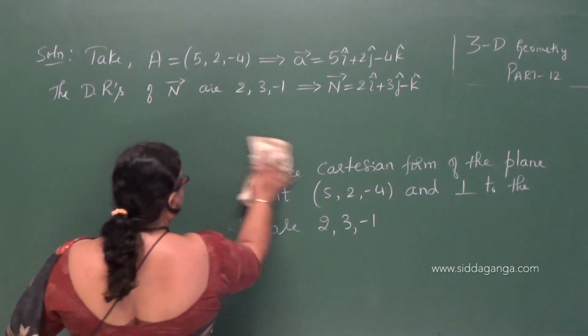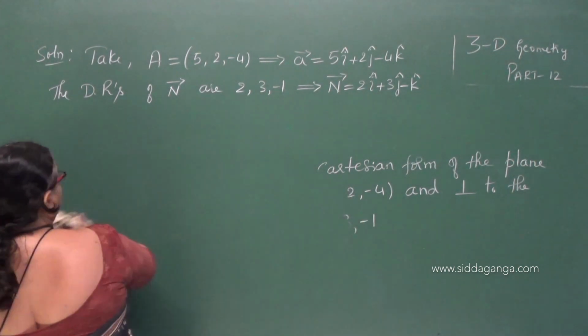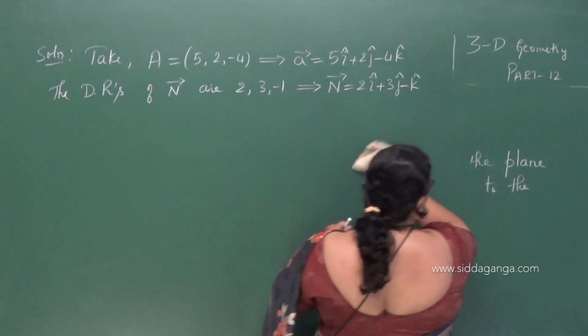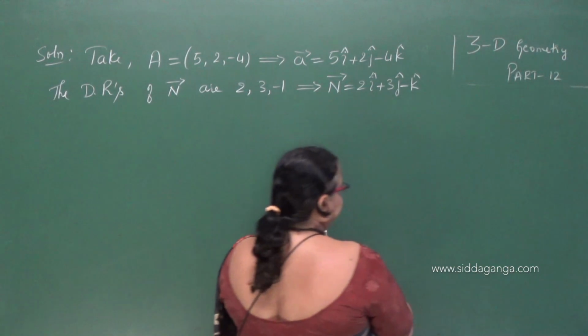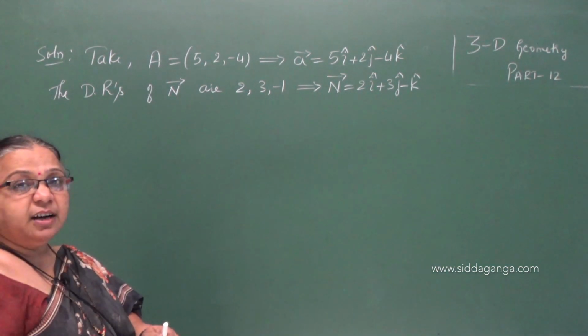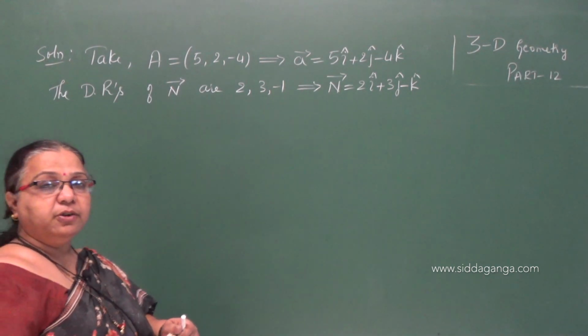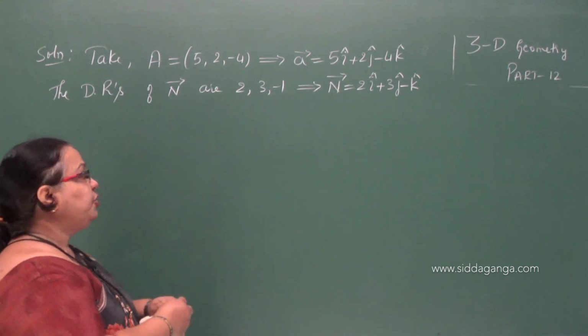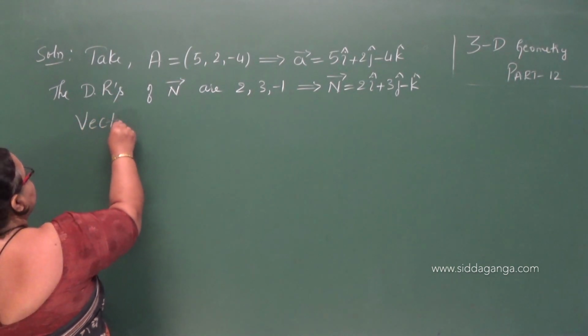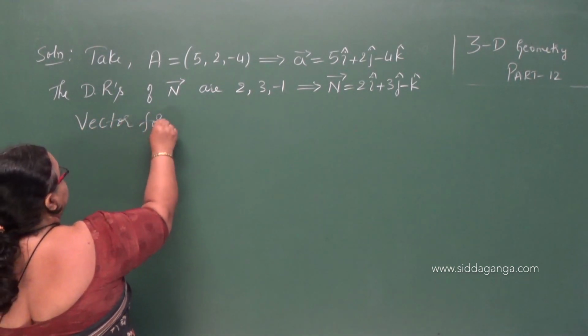For the vector form, we substitute into the vector equation of the plane. For the Cartesian form, we take the Cartesian equation and substitute into it. Now the first one is the vector form.